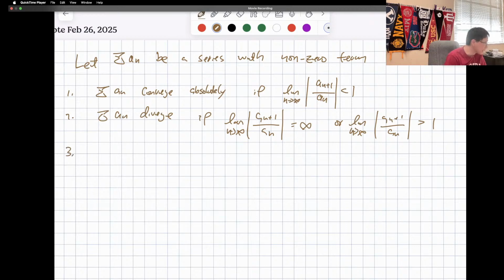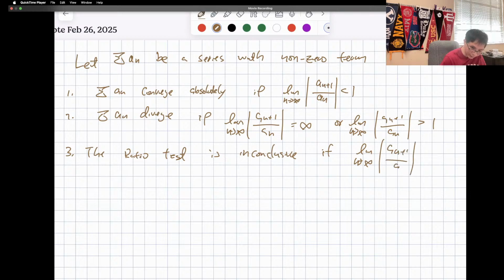Now, sometimes you can get inconclusive. So the ratio test is inconclusive if the limit as n approaches infinity of a sub n plus 1 over a sub n is equal to 1.